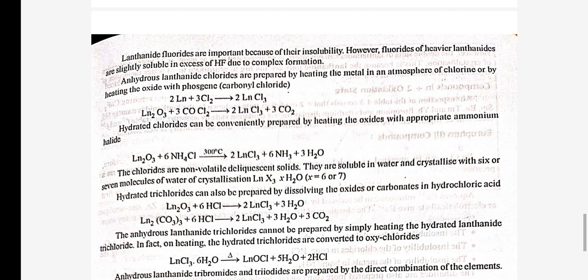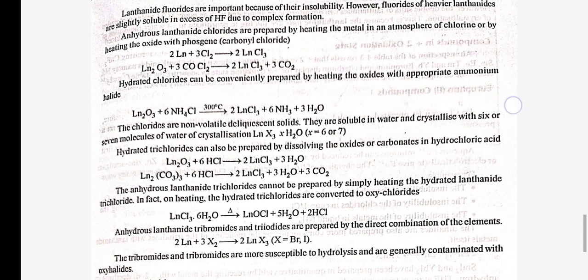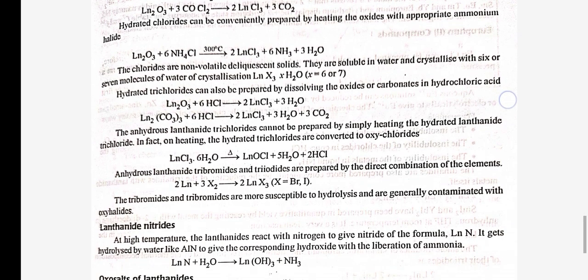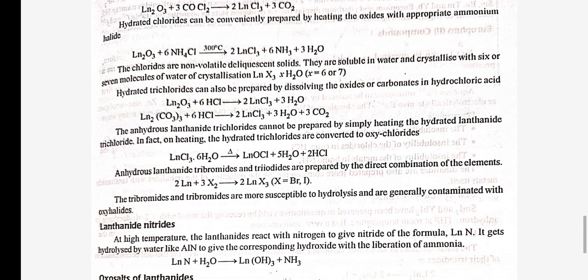Anhydrous lanthanide chlorides are prepared by heating the metal in an atmosphere of chlorine. Hydrated chlorides can be conveniently prepared by heating the oxides with the appropriate ammonium halide. The chlorides are non-volatile deliquescent solids. They are soluble in water, crystallizing with 6-7 molecules of water of crystallization.